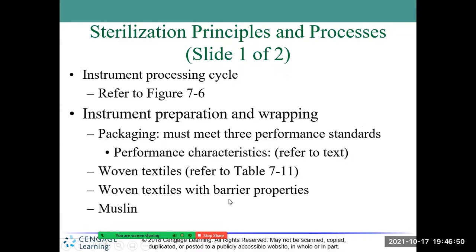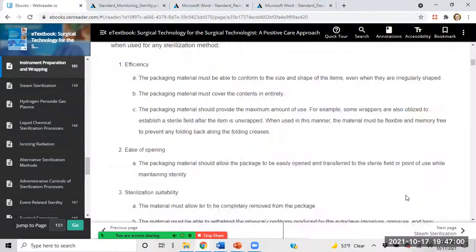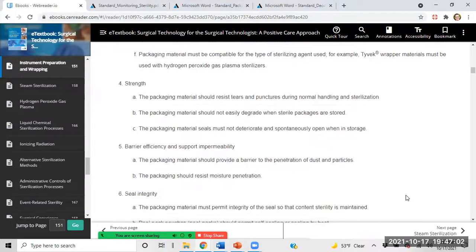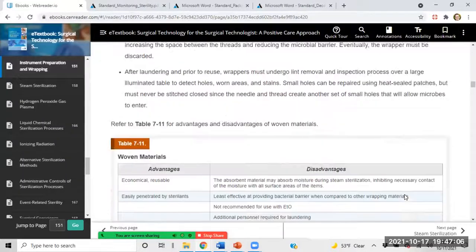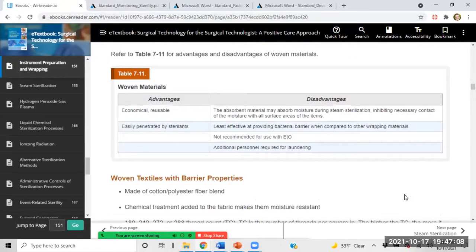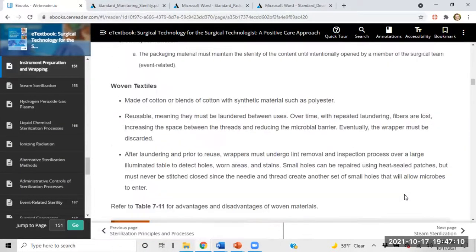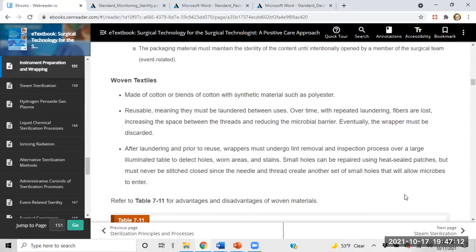And so you can see there are different types of textiles. You can read through those. And the woven textiles with barrier properties and muslin are considered in a different way. Here we go. This is it. So we're looking at things that are made out of cotton or blends, such as polyester.